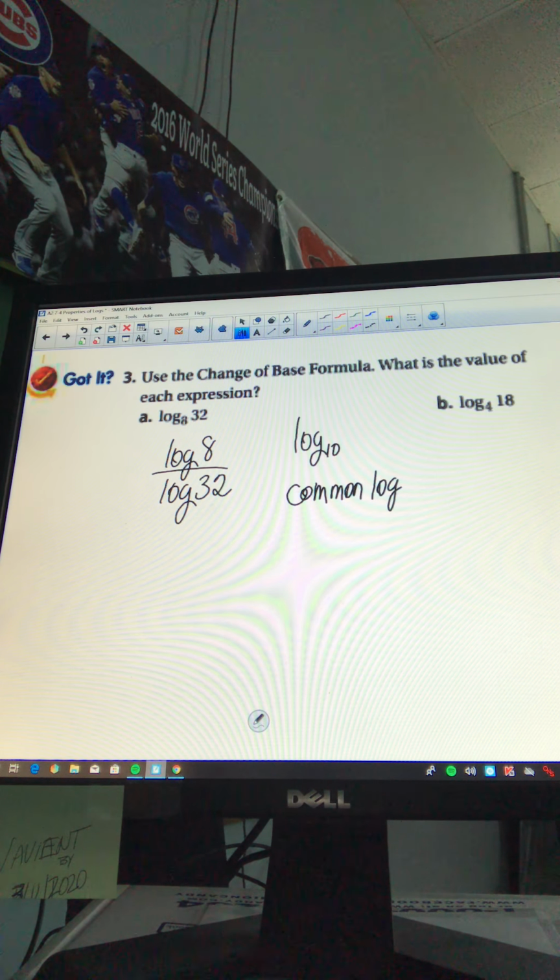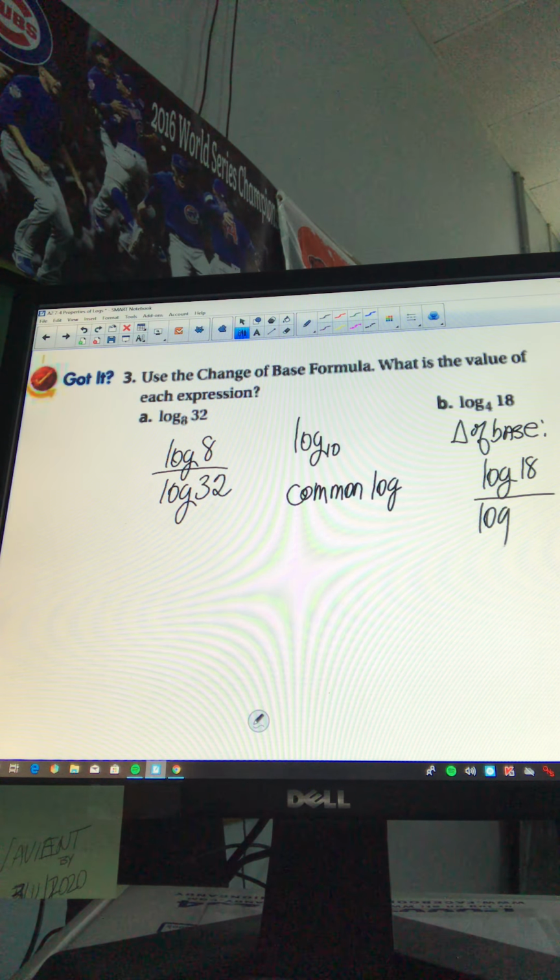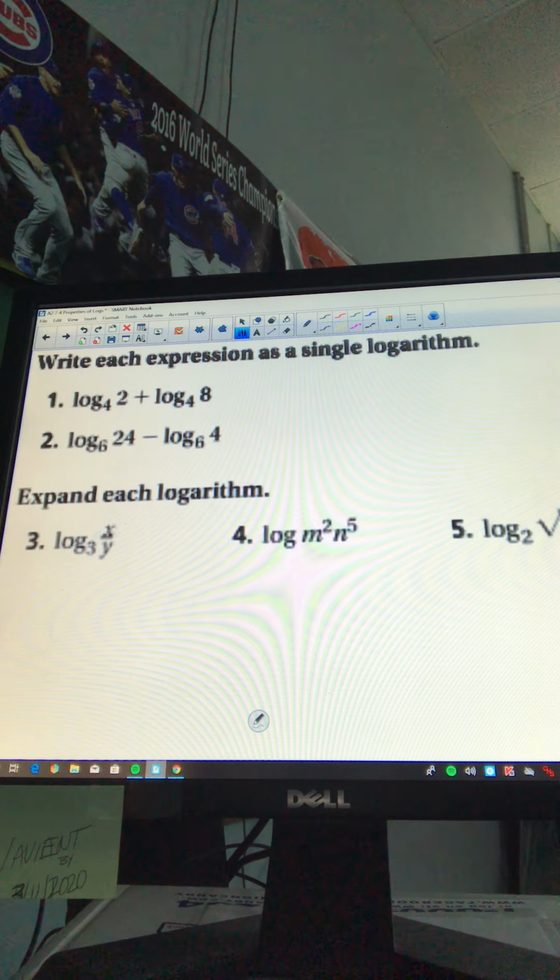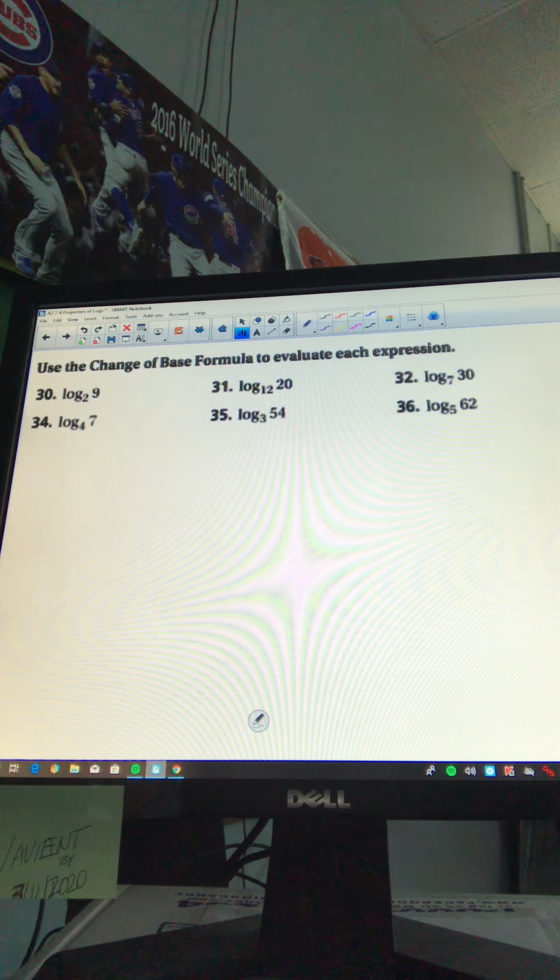That's really the only log you can use in your calculator without getting into anything too complicated. So if we use the change of base here, we have the log of 18 divided by the log of 4. All right, I think that should do that.